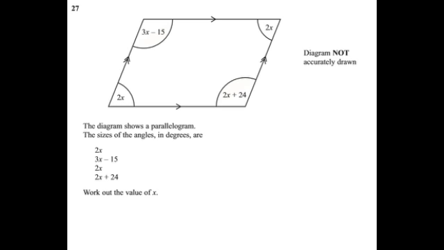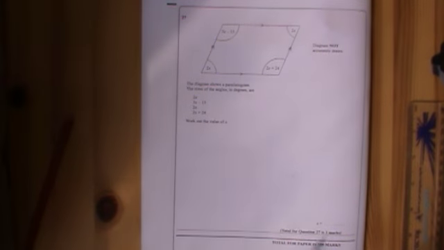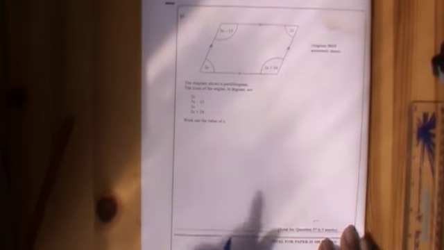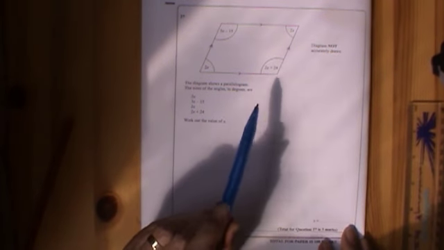Question 27. The diagram shows a parallelogram. The sizes of the angles in degrees are 2x, 3x minus 15, 2x, 2x plus 24. Work out the value of x. Well, there's various different ways of doing this, but the easiest one, I think, is to realise that if you know the properties of a parallelogram, the opposite angles are equal.